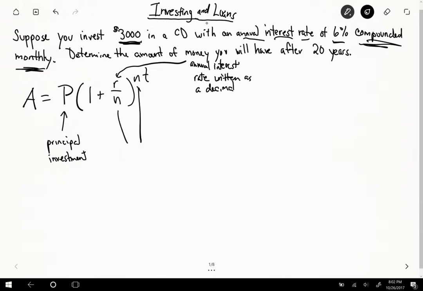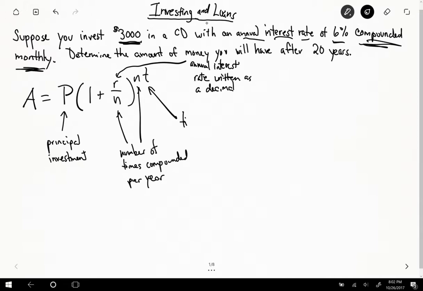The N value, what does that stand for? That's the number of times compounded, and since we're talking about an annual interest rate, it's the number of times compounded per year. So for example, if you had a daily interest rate, this would be per day. How often is it compounded per day? And you have to adjust accordingly.